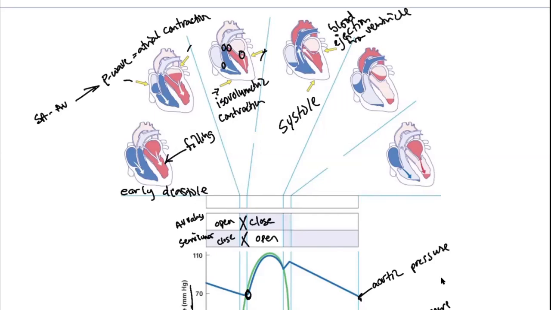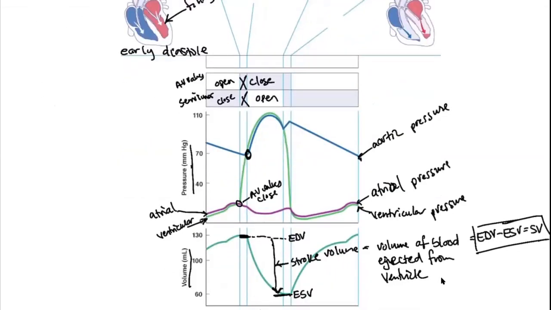When enough blood ejects from the ventricle, ventricular pressure drops below aortic pressure, and this is where the semilunars open, and here's the point where semilunar valves close. Okay, so semilunar valves close here.